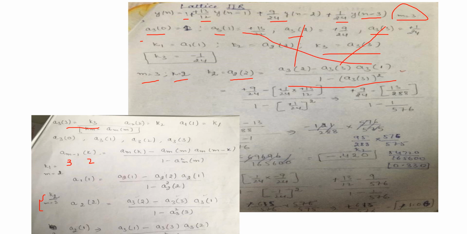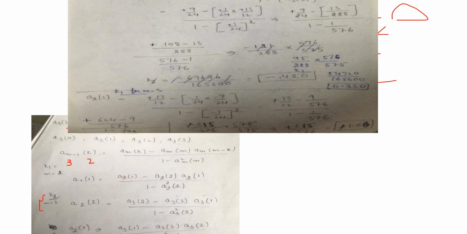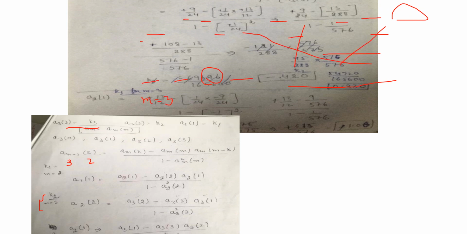So you will calculate the value of K2. Similarly, you have to calculate the value of K1 when m is equal to 3. Clear? Here it is given, for m is equal to 3, K1.